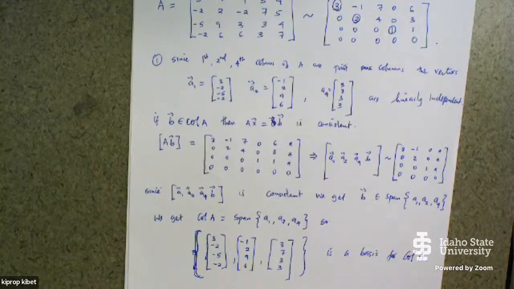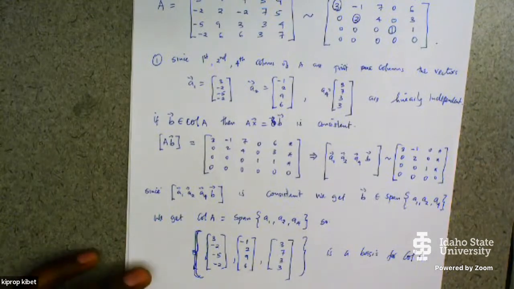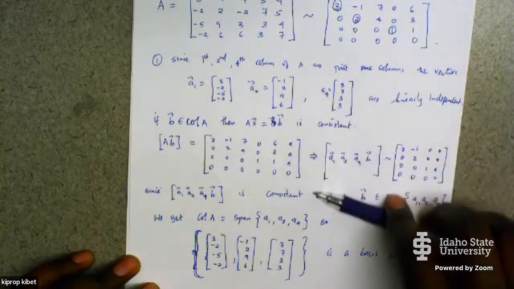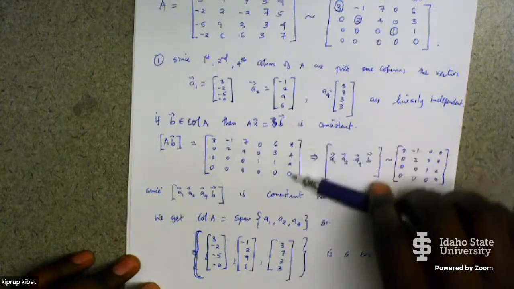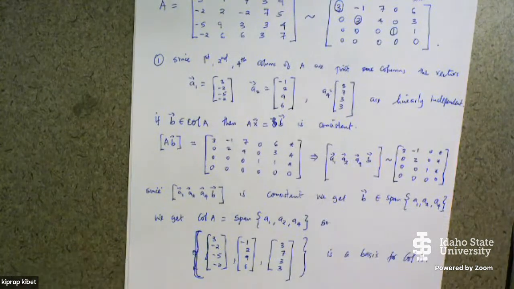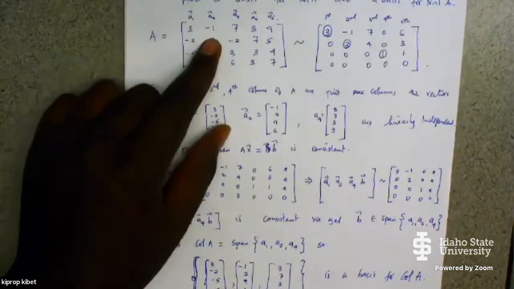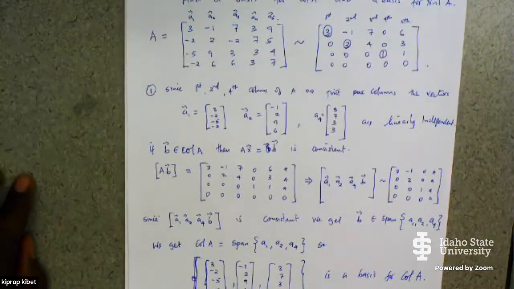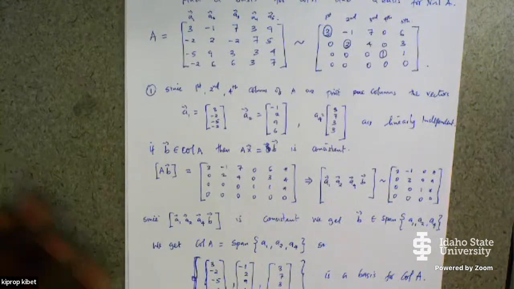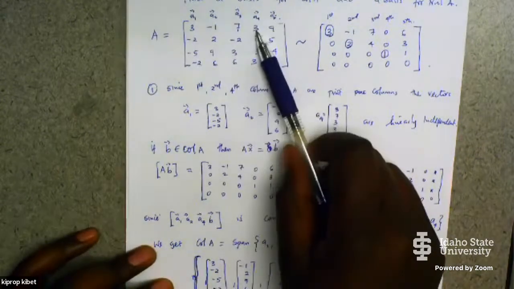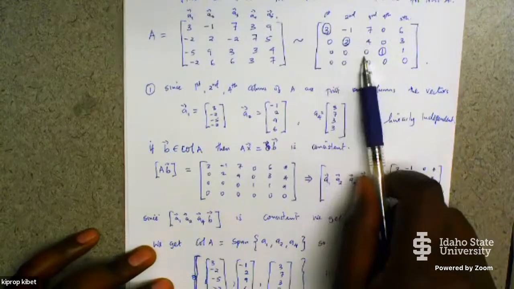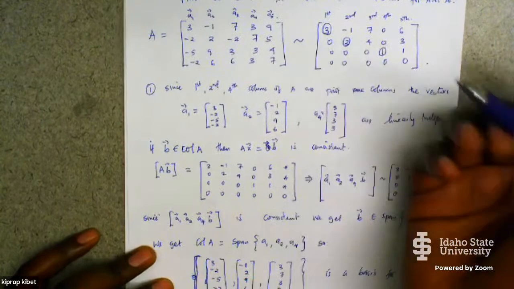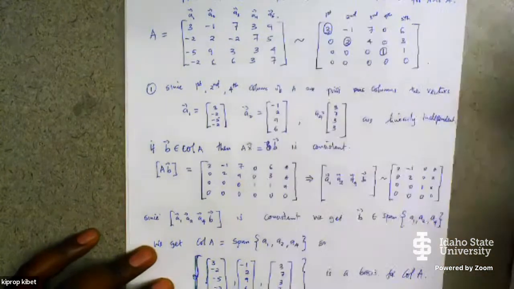Now, basically I was trying to explain to you how the basis of the column space of A comes about. You don't have to write this one. When you are asked a question like this, to find the basis for the column space of A, first of all, you reduce the matrix A. Note that you reduce it to echelon form, not the reduced echelon form.